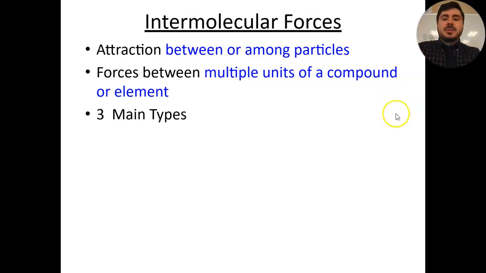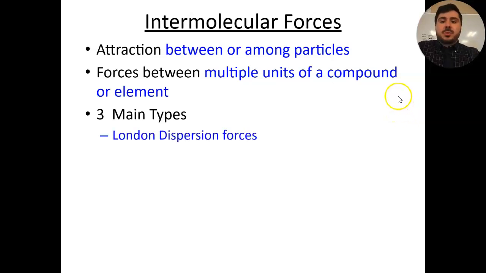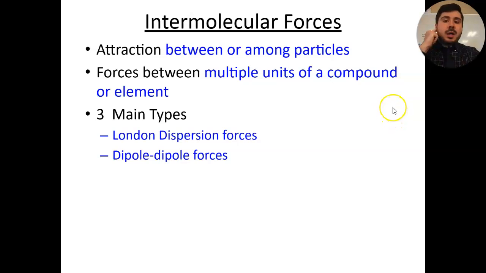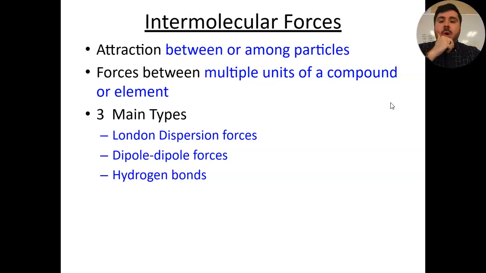There are going to be three main types that we talk about during this beginning portion of chapter 12. The first one is called London dispersion forces. The second is dipole forces, D-I-P-O-L-E. And the third is going to be called hydrogen bonds. So London dispersion, dipole forces, and hydrogen bonds.